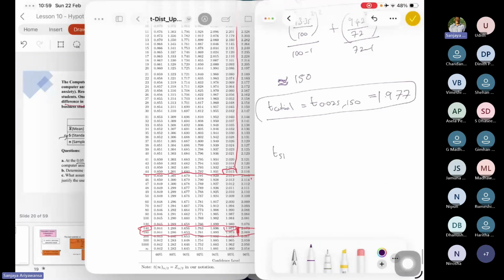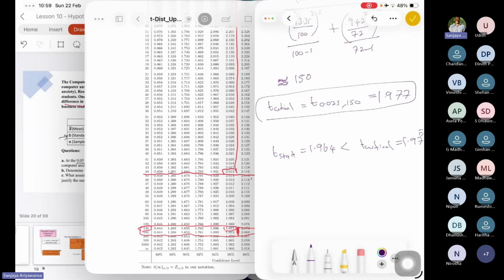The t-stat value was 1.964, and that is lower than the t critical value, which is 1.977.